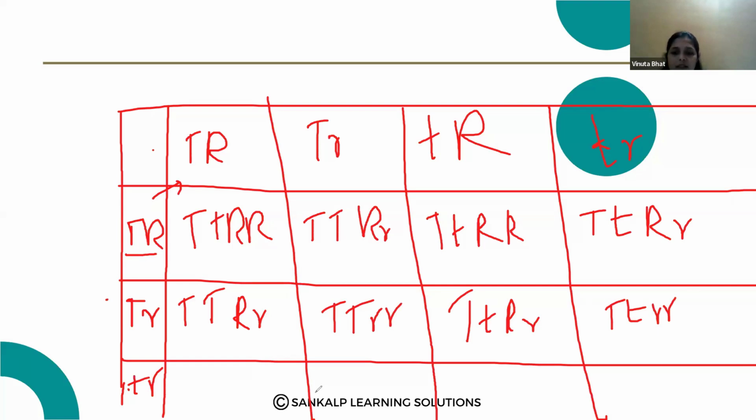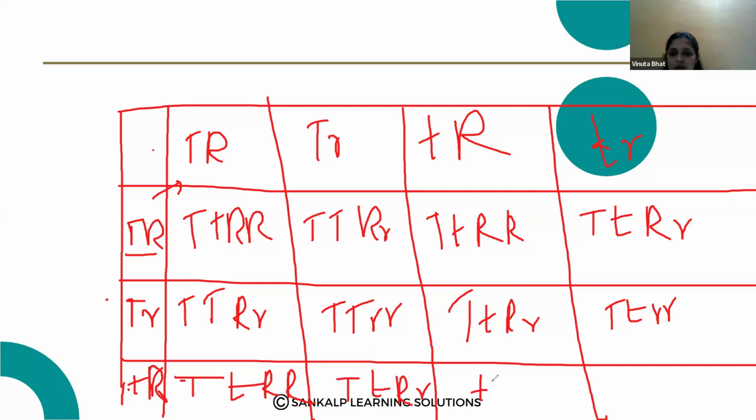Okay, then again small t capital R. Here capital T small t, capital R capital R. Okay, then last, the second one, capital T small t, capital R small r.